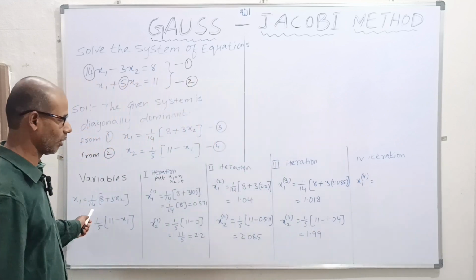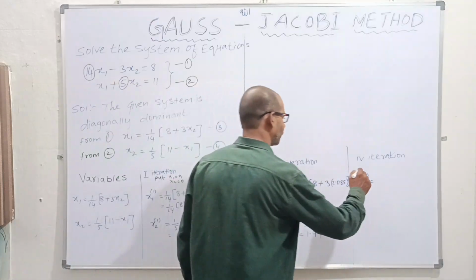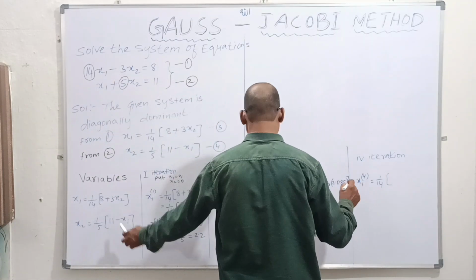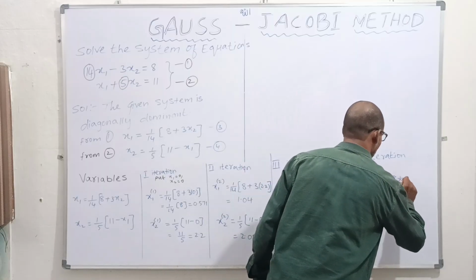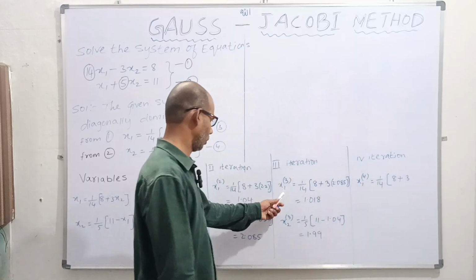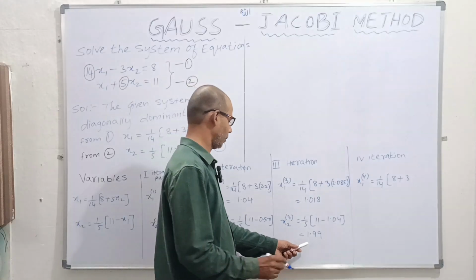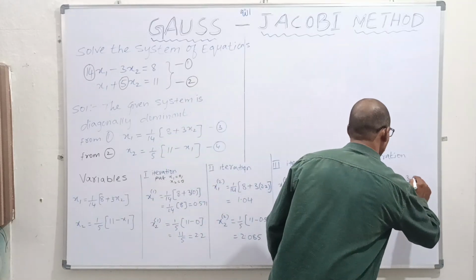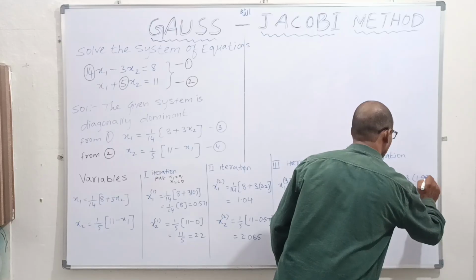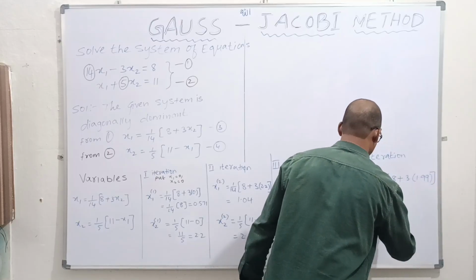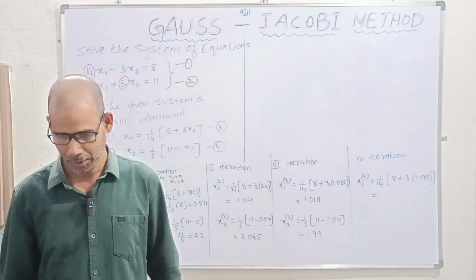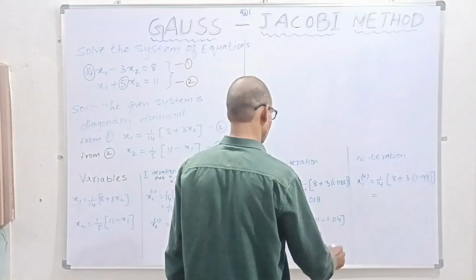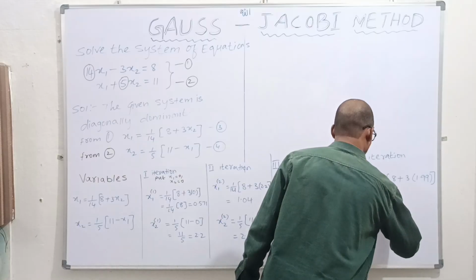So see the equation: 1 by 14 into 8 plus 3x2. We will use the value of x2 from the third iteration, that is 3 into 1.99. On simplifying this, we will get the value as 1.018.